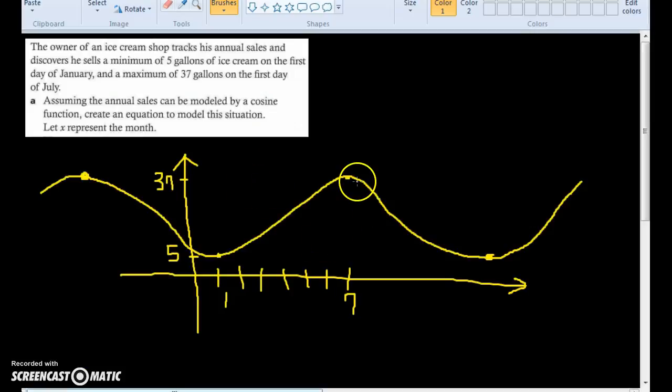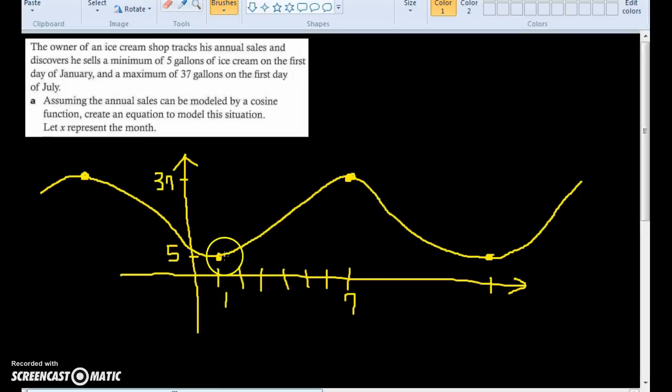Alright, here I have successfully sketched how the graph might look. Some critical points here would be 7, 37 and 15. I have also extended the graph a little bit on my right hand side and left hand side, because from my minimum to maximum, that is not my period.